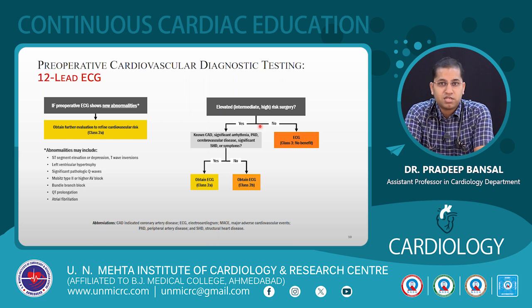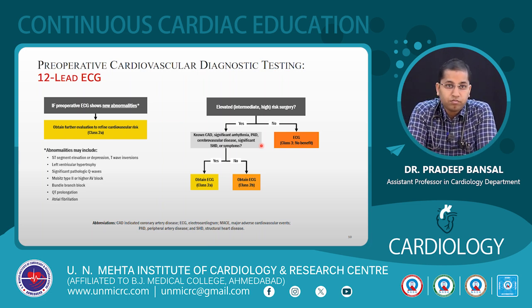But if there is a high risk surgery and the patient has known cardiovascular disease, arrhythmia, peripheral arterial disease, or CVD, then a 12-lead ECG should be obtained. And if the preoperative ECG shows new abnormalities like ST segment elevation or depression, LVH, significant Q waves, high degree AV block, or bundle branch block, further evaluation should be obtained to refine the cardiovascular risk.